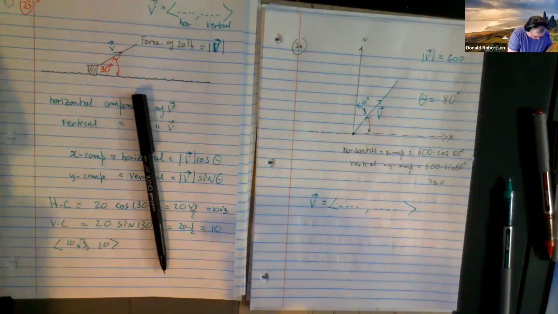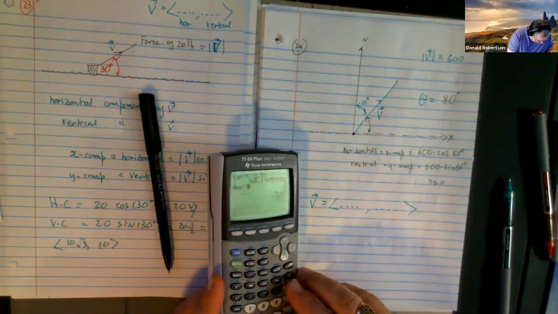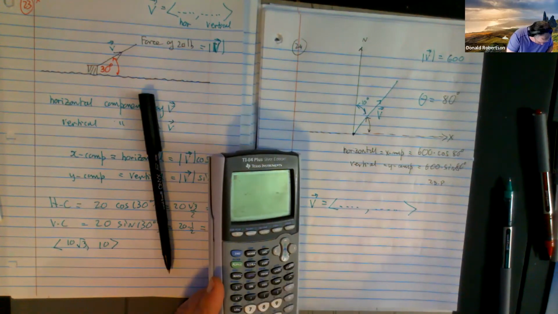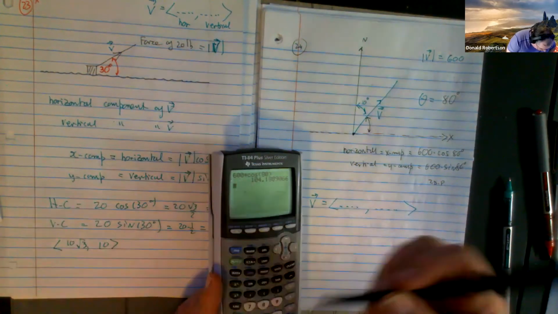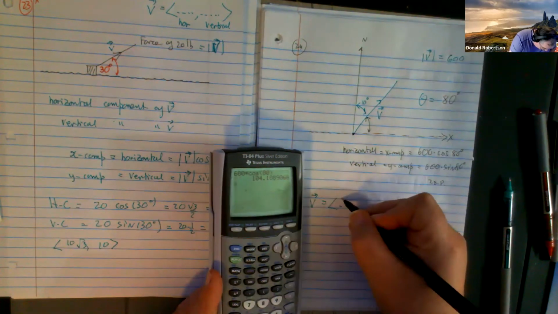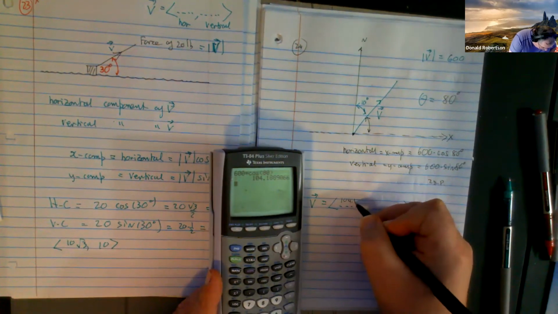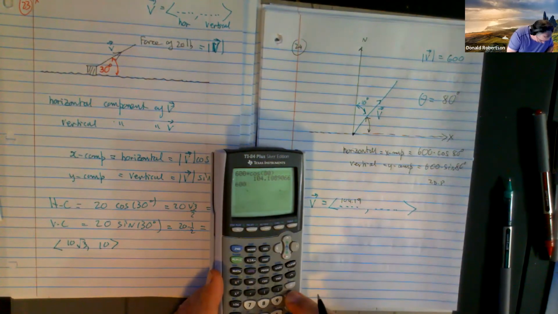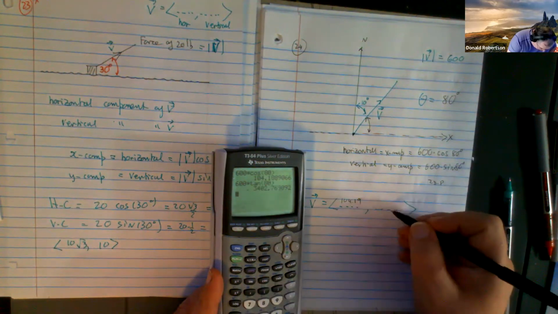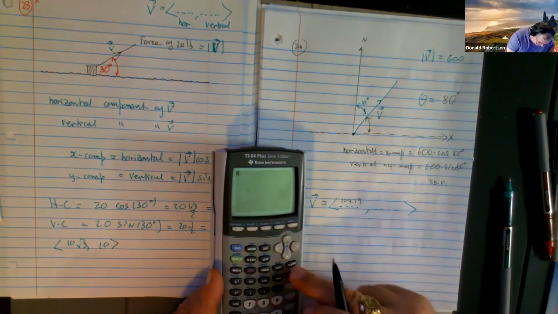So if I go here, clear it, 600 times the cosine of 80 is about 104.119. And then if I do 600 times the sine of 80 degrees, I'd be looking at, that doesn't look right. Let me try that again.